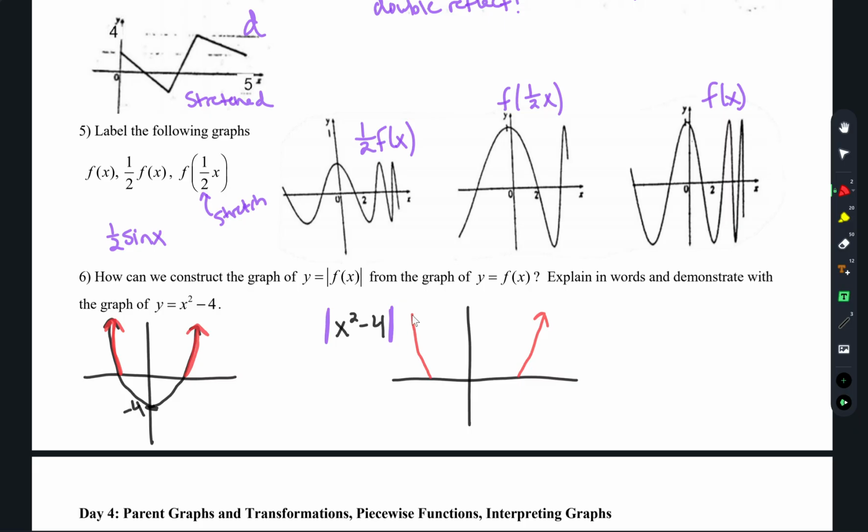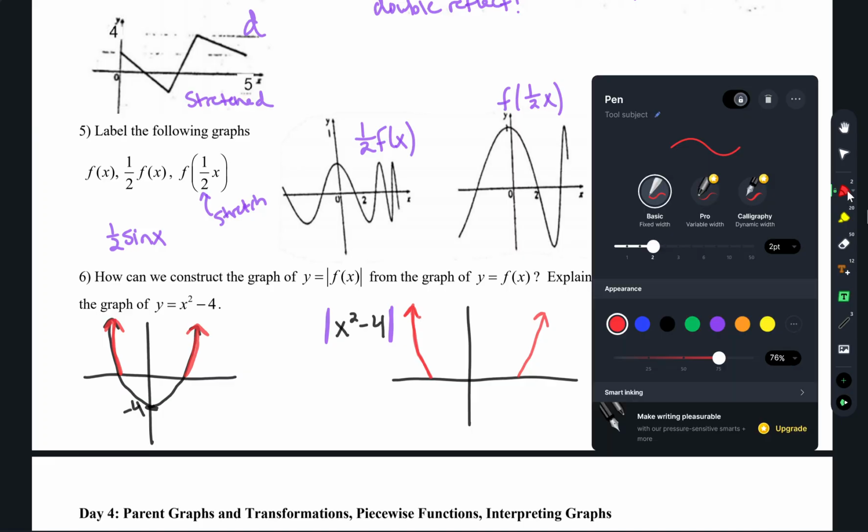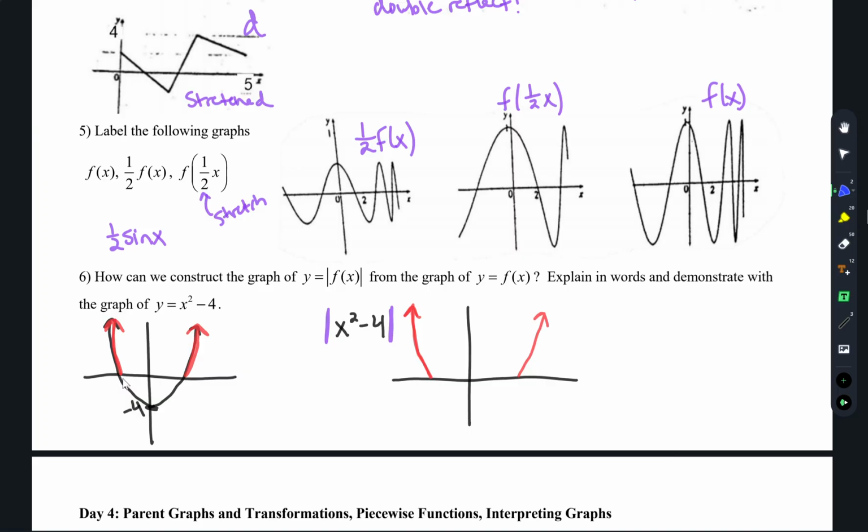Because when you take the absolute value of a positive, it doesn't do anything. It just stays. But then what happens in this chunk is weird. Because what's going to happen to that? Yeah, it's reflected over the x-axis. Because think about it, there's negative and positive.